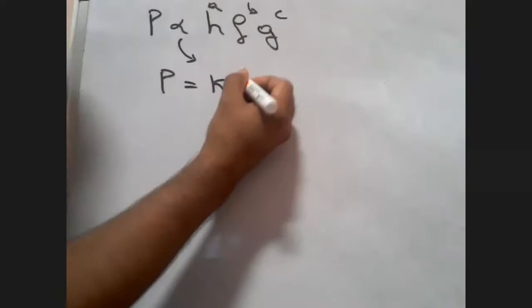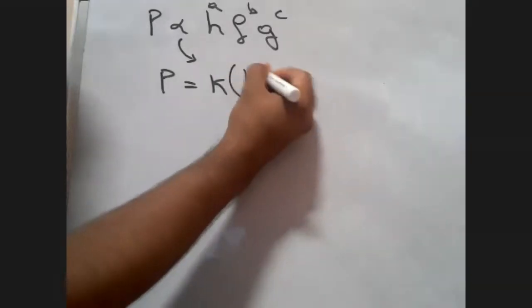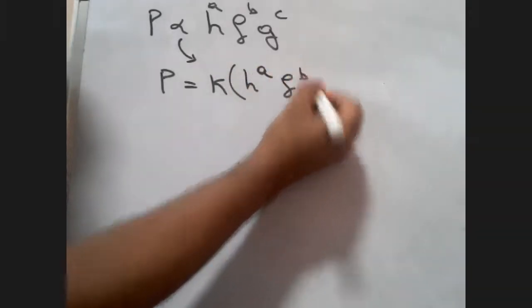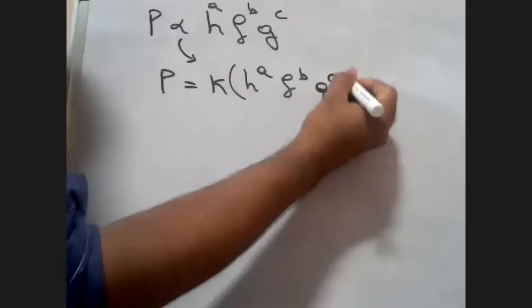This constant is put whenever you convert proportionality into equality. Don't worry if you're not getting this also, no problem. P is equal to K into the rest of the thing, that is H raised to A, density raised to B, and gravity raised to C. Now I am using the words height, density, but you don't need to do that. All you have to look at is terms. Now look here.